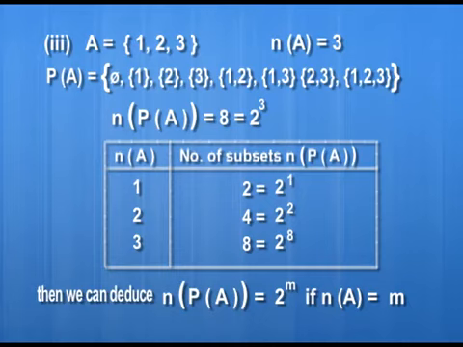Here I have listed the number of elements in the set A and here the number of elements in the power set. We find that the relation is: number of elements in the power set is equal to 2 raised to the power m, where the number of elements in set A is equal to m.